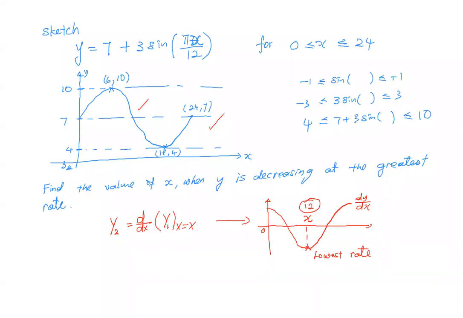Got it? So you see, when I talk about sin or cos curve, do you see the inflection point? It is very periodic. 6, 12, so every portion is 6 units.